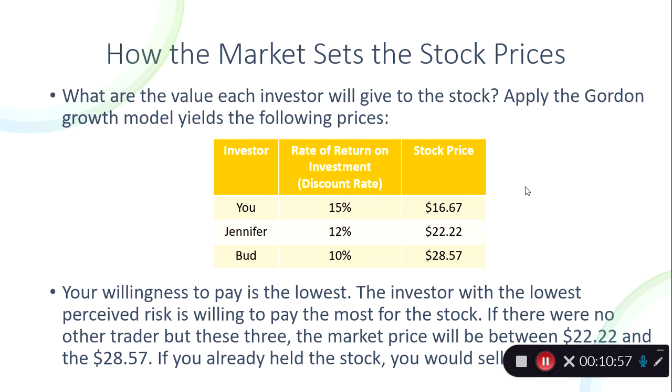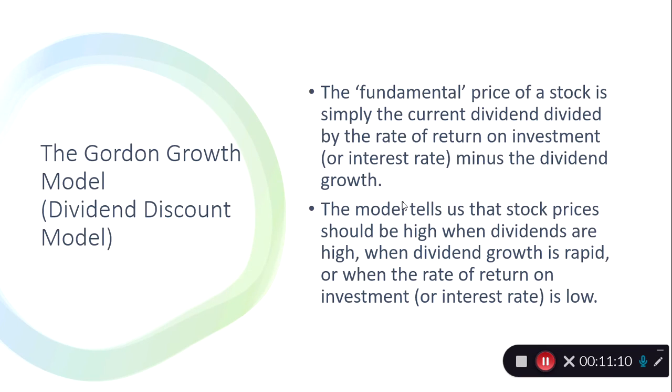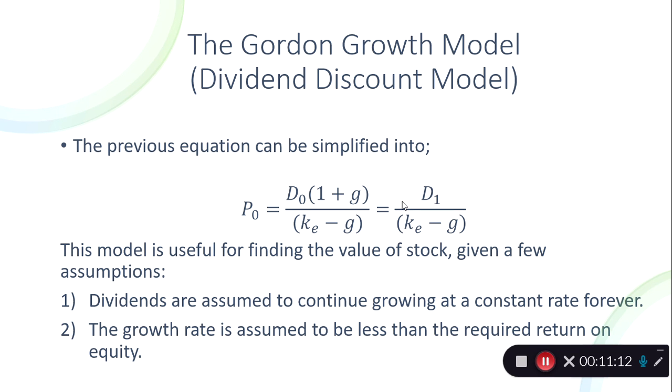These are the values that each investor will give to the stock. So we use the Gordon growth model. P0, we can go back to the Gordon growth model. P0 equals the dividend over KE minus G, right?